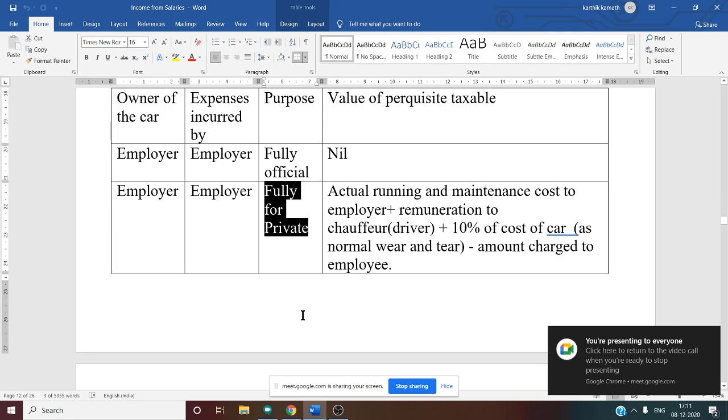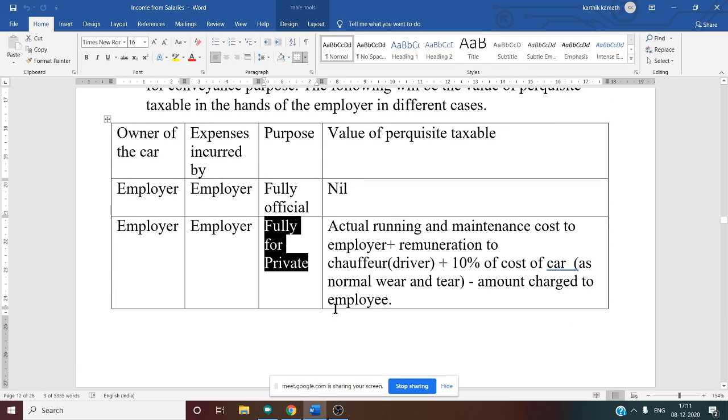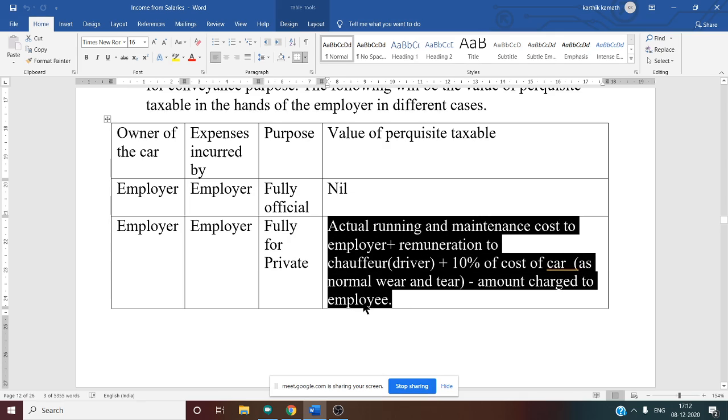Here the employee is using the car, which is given by the employer to the employee, and the employee is using it for private purpose, but the owner is employer and all the maintenance cost of the car is borne by employer. So whenever it is used fully for personal purpose, what is the perquisite value? We have to see the actual running and maintenance cost to the employer.